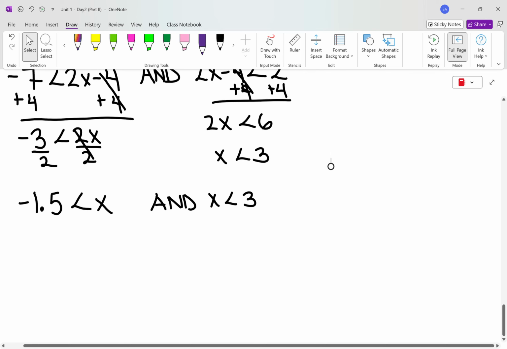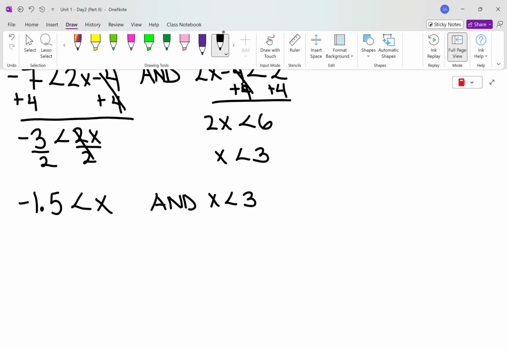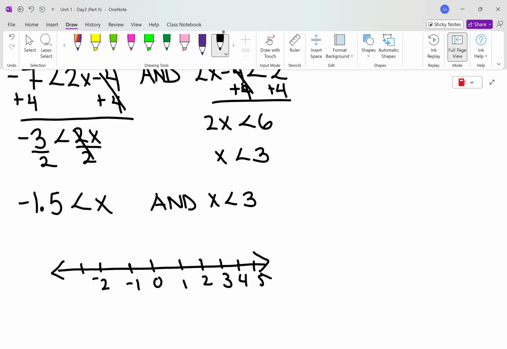I'm not going to write the solution set yet because the solution set is for my final answer. Is this my final answer? No, but what I am going to do is graph what this looks like. So negative 1.5 would be right over here.